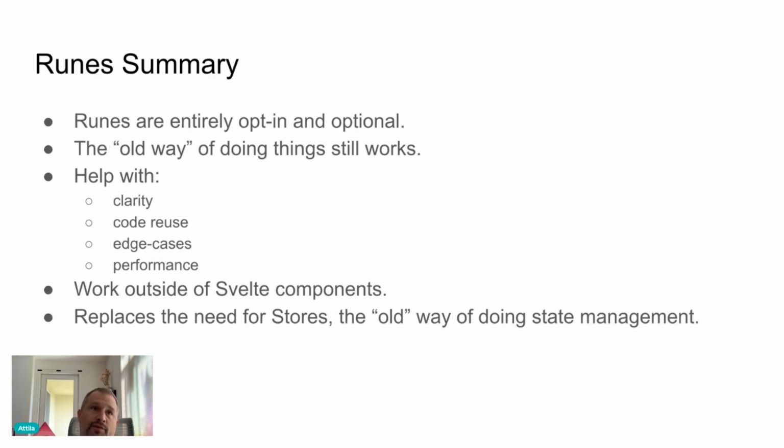I mentioned this before: runes work outside of Svelte components. They can replace the need for stores. They help with clarity, code reuse, fix some of the edge cases you might deal with in the current Svelte syntax, and again, performance.